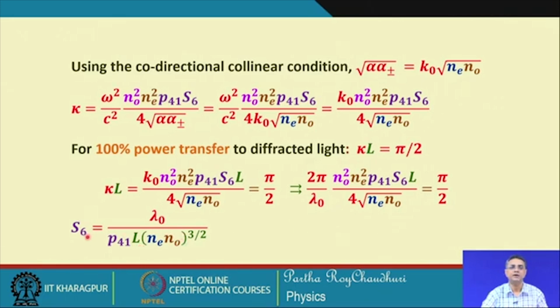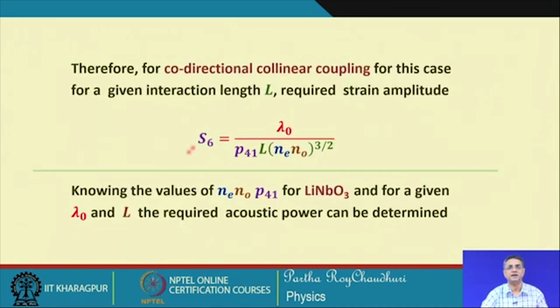So, from here we can estimate this S6, or otherwise we can estimate the complete transfer of power from the optical beam to the codirectional coupling diffracted beam, from extraordinary light to ordinary light coupling. For that, this should be the value of S6, and that tells you what should be the acoustic power.